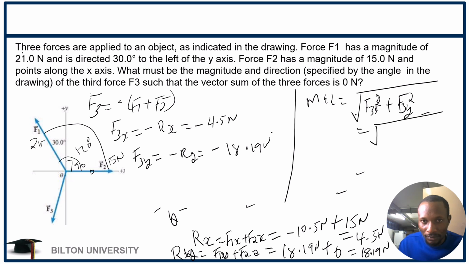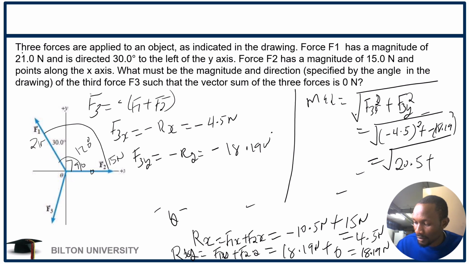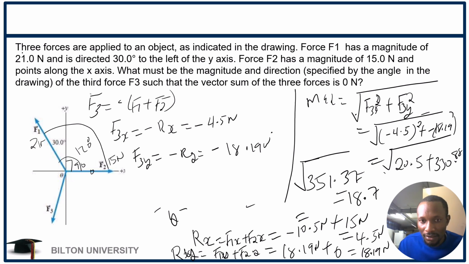That is minus 4.5 squared plus minus 18.19 squared. 4.5 squared gives us 20.25, and 18.19 squared gives us 330.888. Bringing everything together, we get 351.37, and the square root of that gives us 18.75. So this is the magnitude of the force.